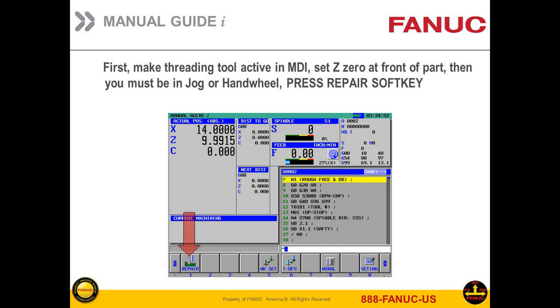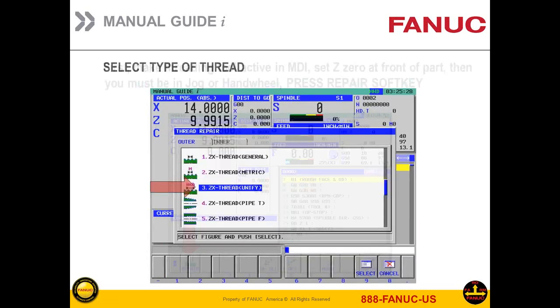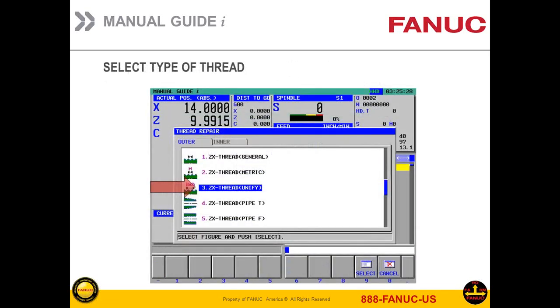Once you get into that, you press the right shift key. You know what that is. You press that once, it'll get you to this screen where it has a repair soft key. So you press the repair soft key, and that will take you to this screen.